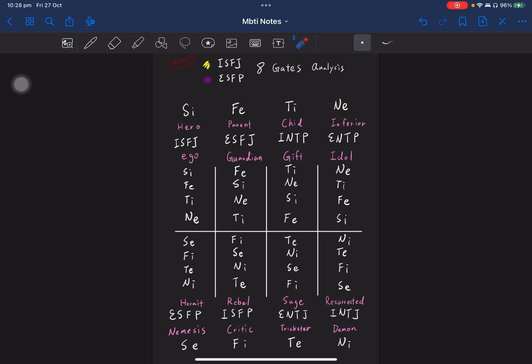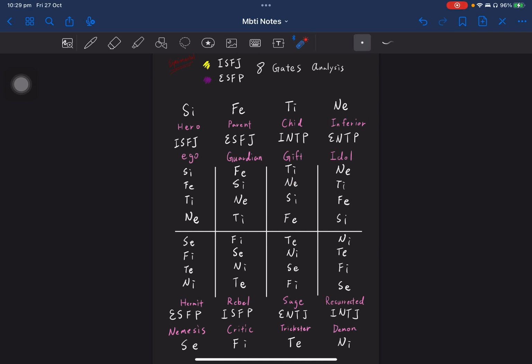So why are these more important? Because if you can see these gates, the hero of these four corners are the parent of the middle four. Can you see the relationship there?